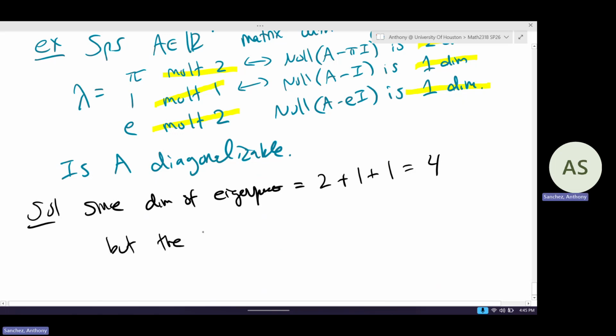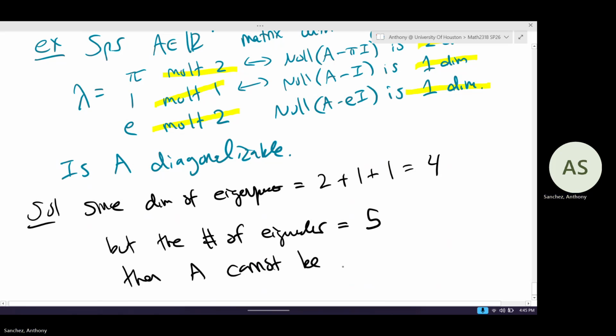But the number of eigenvalues equals 5, then A cannot be diagonalizable. So that is to say, this is what it means to not have enough eigenvectors.